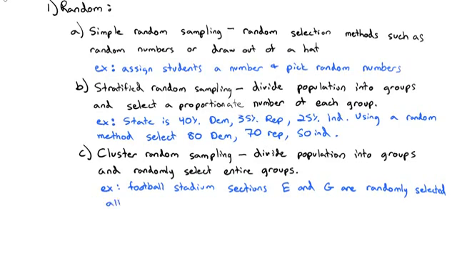And all fans from those sections are included. Cluster takes all people in each randomly chosen section, while stratified takes a proportionate group out of each group.